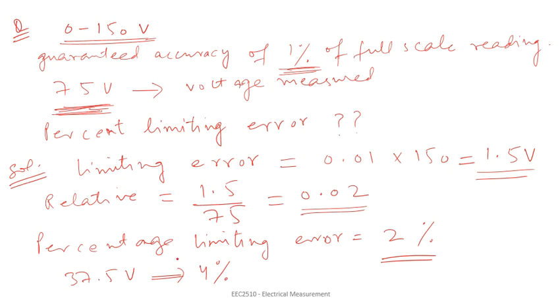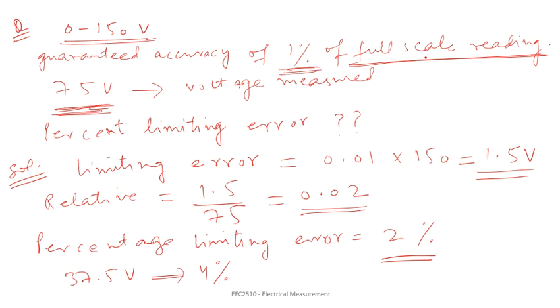So this increase in the percentage limiting error as smaller voltages are measured occurs because the magnitude of the limiting error is based upon the full scale reading of the meter. Since the error is given in terms of the full scale reading, it becomes a fixed quantity. That is why in measuring lower voltages the error is increasing.